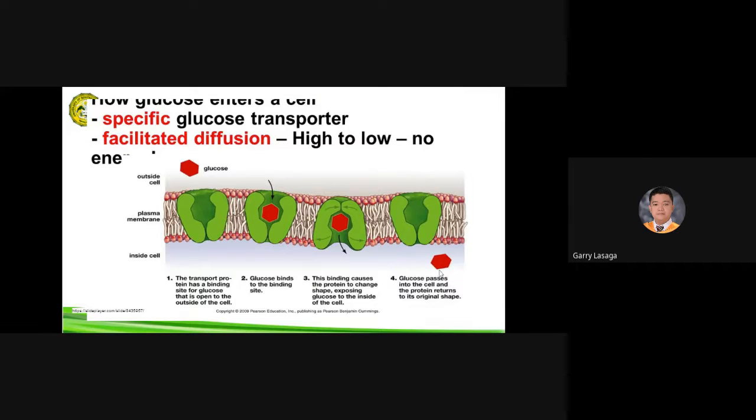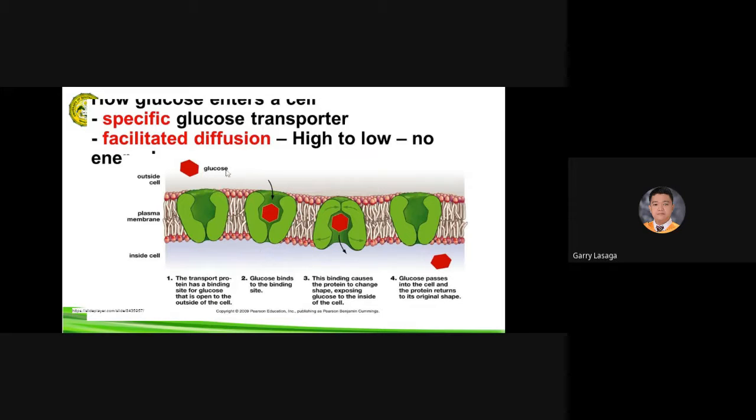So after the glucose enters the cell, the shape of our transporters returns to normal. When the concentration of glucose in our plasma or in the ECF decreases, these transporters will now detach from the plasma membrane so that the glucose will not be moved towards the inside of the cell.